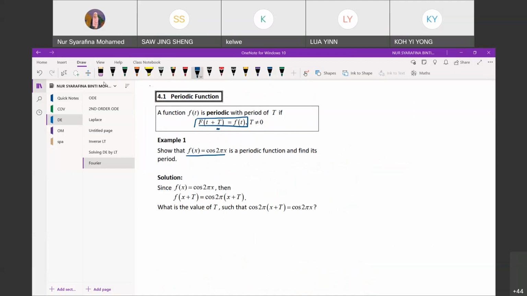So we have to show that f(x + T) = f(x). This is your original function. Now this is the periodic function where it involves the period. So f(x) is cos 2πx, then f(x + T) = cos 2π(x + T), which is cos(2πx + 2πT), right? So by identity of cos(A + B), we can expand this to what?